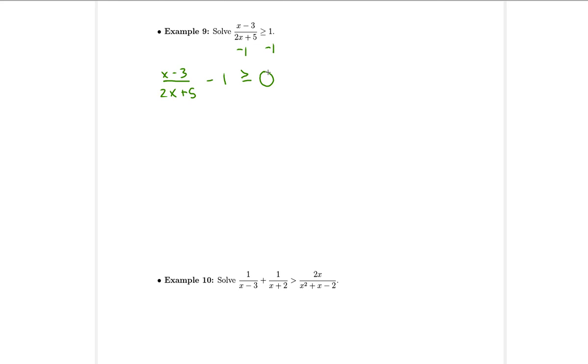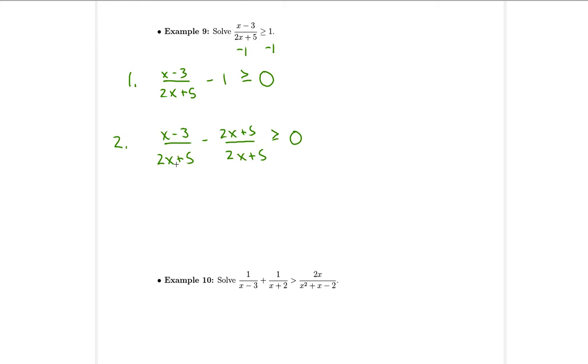Okay. And then step number 2, okay, so here's step number 1. Step number 2 was to combine everything on this side into a single fraction. So of course, anytime I want to combine into a single fraction, I've got to get a common denominator. So we got (2x plus 5) over (2x plus 5). It's greater than or equal to 0.